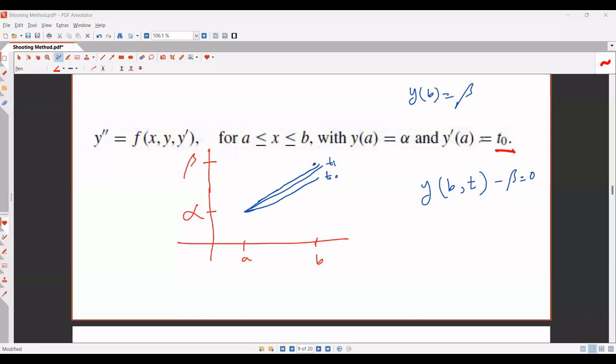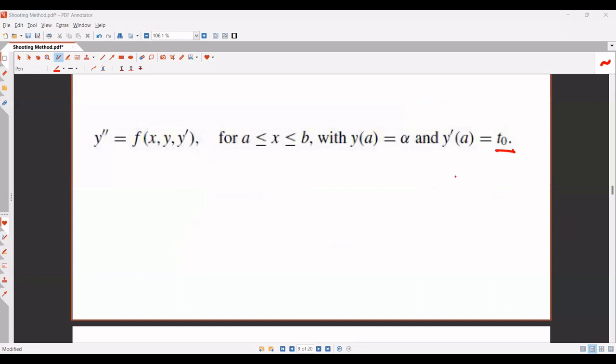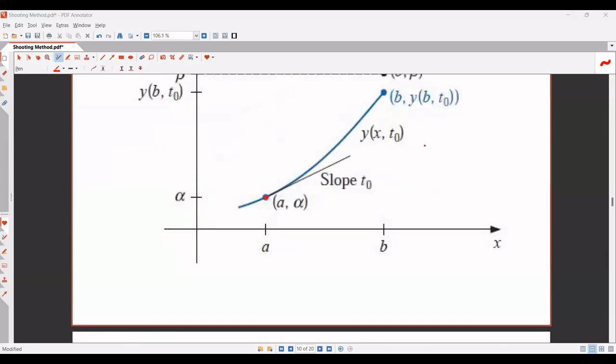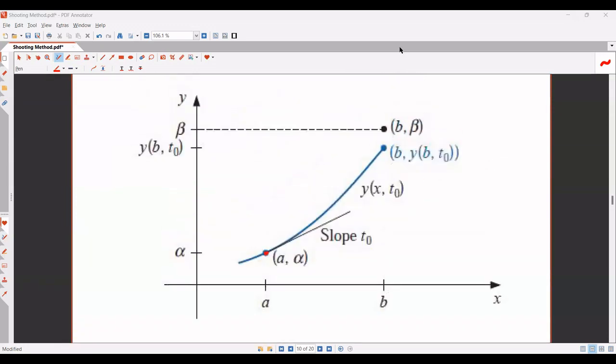Sir, but the original equation was not a function of t. So how are we using t as a parameter inside the equation? Basically, you are not getting a function for y(b, t). What you are actually solving is the original, the first initial value problem, the initial value problem we first proposed.